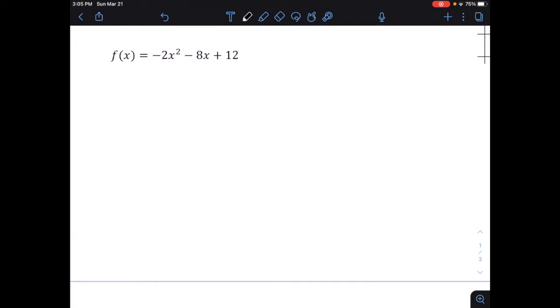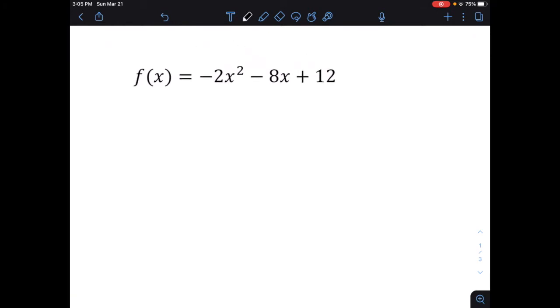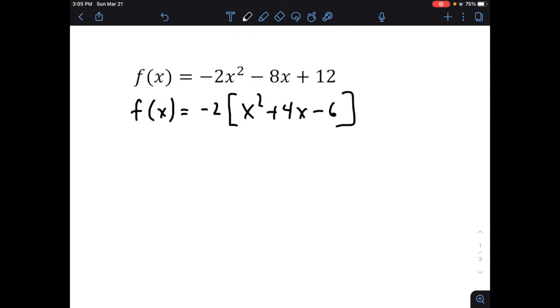So it starts with a number that's other than 1. So that means we have to factor it out. So I'm going to go ahead and factor out a -2. All right, so I'm going to say this is now f of x equals -2 with a bracket container, x squared plus 4x minus 6. Okay, I'm going to then complete the square.